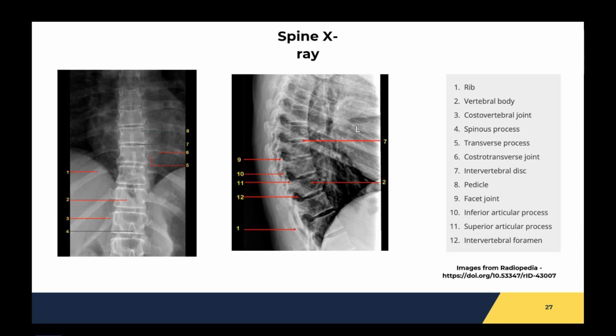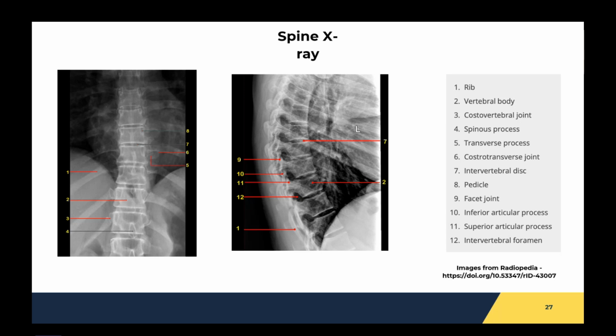As with any other X-rays, we want to go through the basics. So we want to know what type of view. So we can have AP views and then lateral views on X-ray. Then you want to have a look at alignment. This specifically refers to a lateral X-ray. When looking at the alignment, you want to have a look at three imaginary lines.